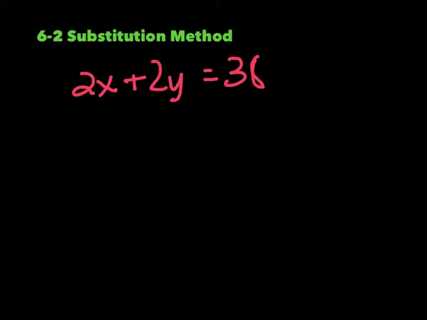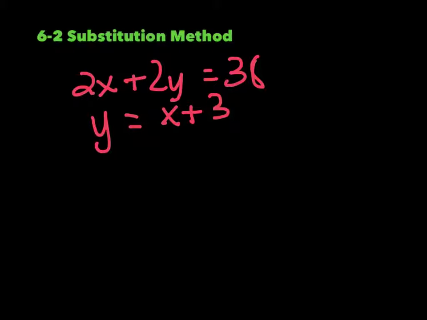Okay, so the next method is the substitution method. An example of that would be if you are doing two equations. Your first equation is 2x plus 2y is equal to 38, and your second one is y is equal to x plus 3. Remember that two sides of an equation are exactly the same thing.